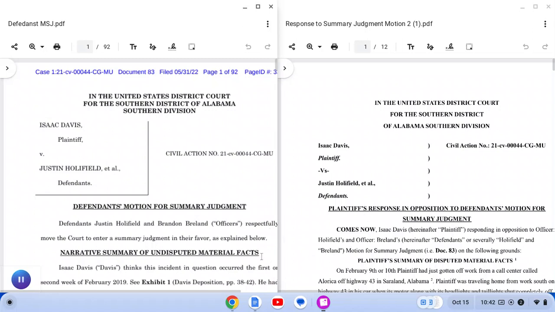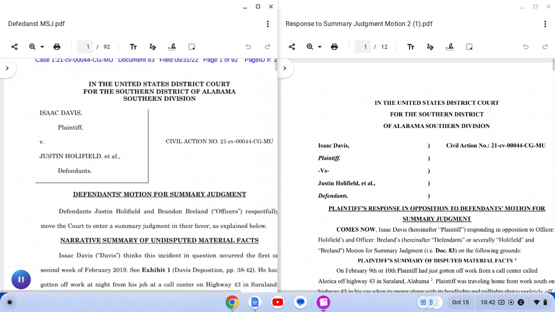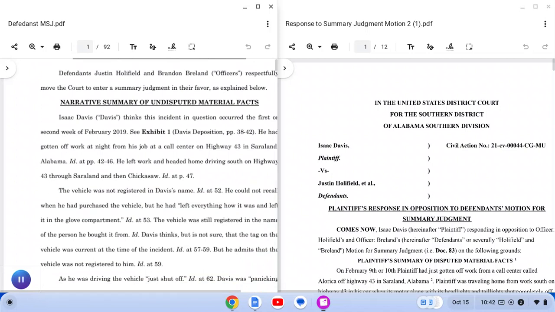Let me rephrase that: the disputes of the facts of what happened. So here they are arguing their set of facts. That's what they're doing in here. They're arguing everything that they believe is relevant to getting their motion for summary judgment granted.